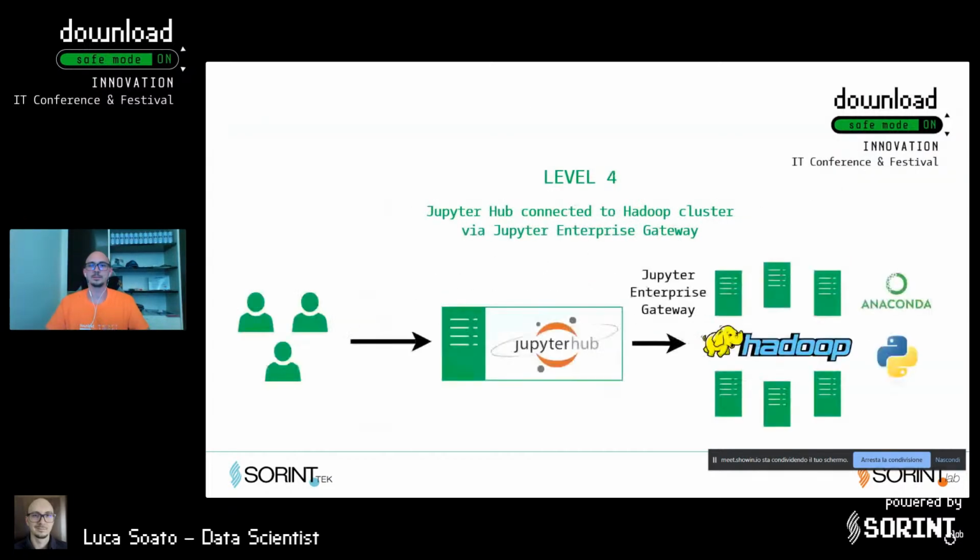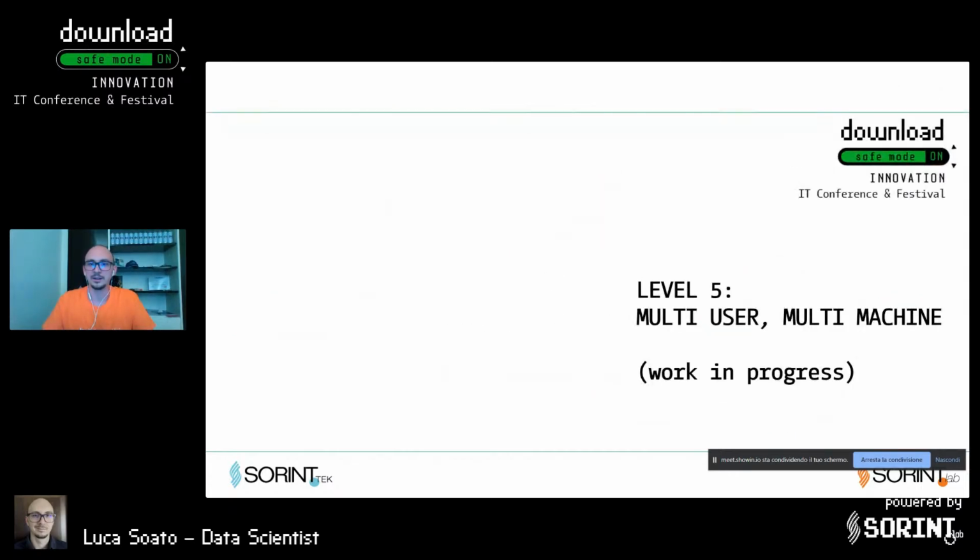You can do a step forward with a paradigm that lets you have JupyterLab run on multiple machines. I don't know if you're familiar with Docker and Kubernetes, but these two technologies are about the containment of applications.